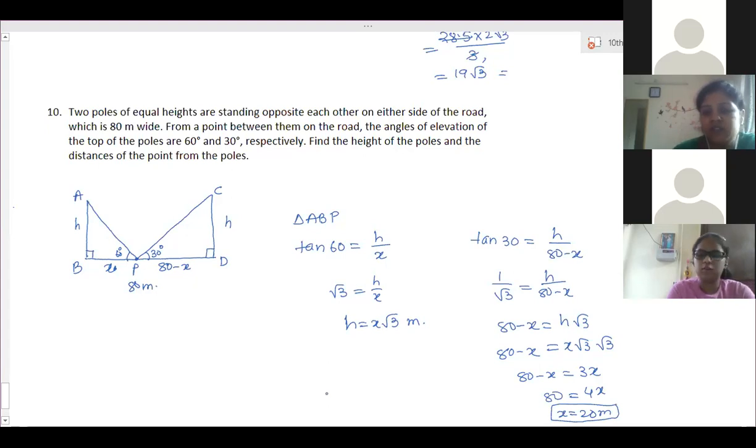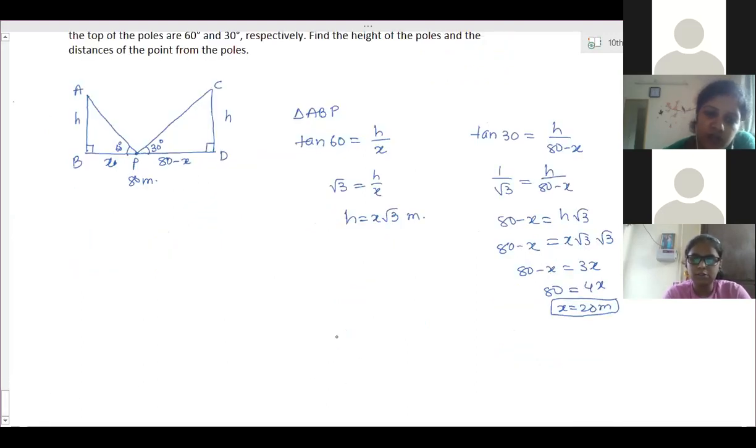So P is at a distance of 20 meters from B and 60 meters from D. And then H is equal to X root 3. Height of the pole is equal to X root 3, that is equal to 20 root 3 meters. Substituting root 3, 34.68.